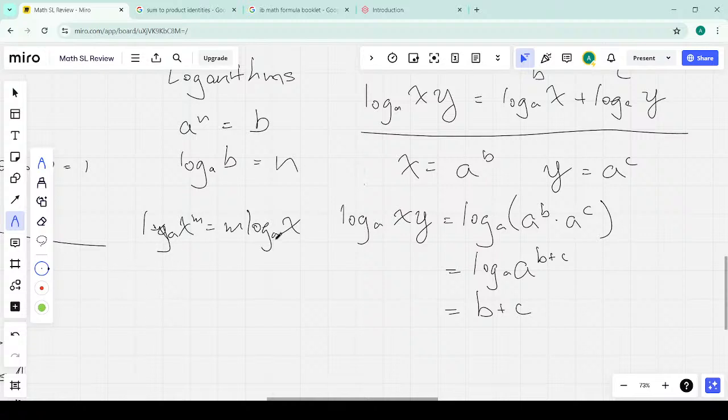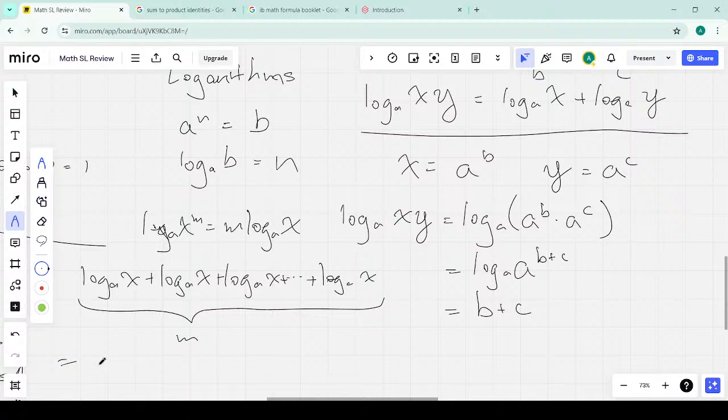If you have n log a of x's, so let's say log a x plus log a x plus log a x, and you had n of them, then when you sum them together and want to write it as one log, remember when you're adding logs together, you have to multiply all of them, right? So that would be log a of x to the power of n. So you multiply all the x's together.